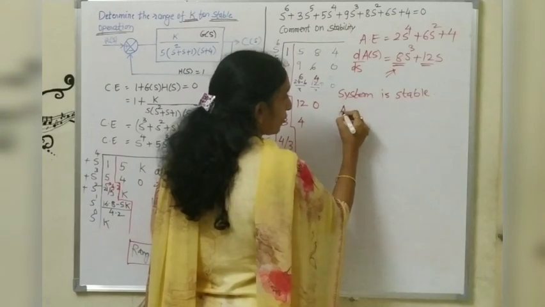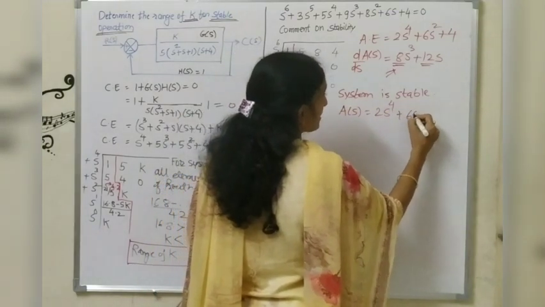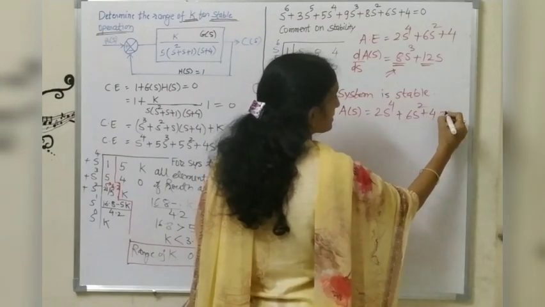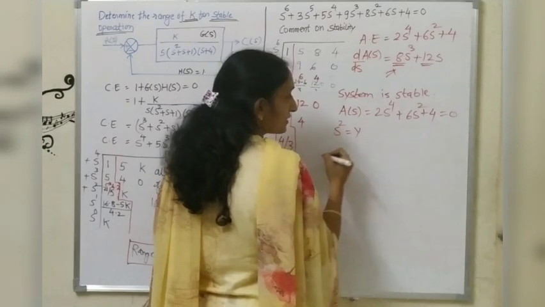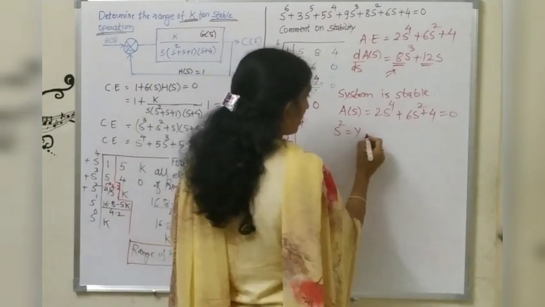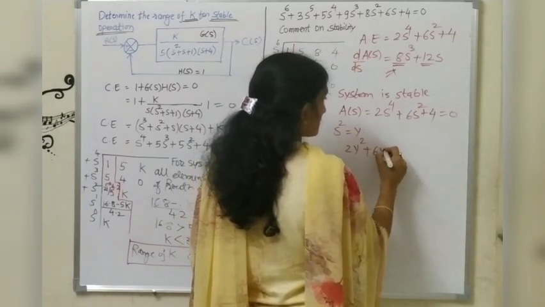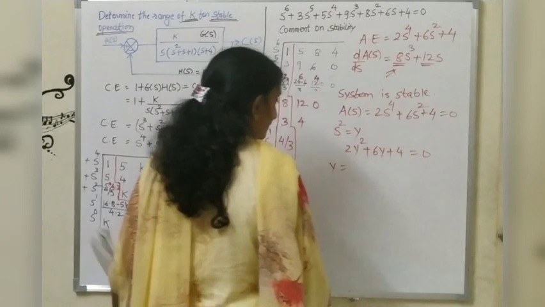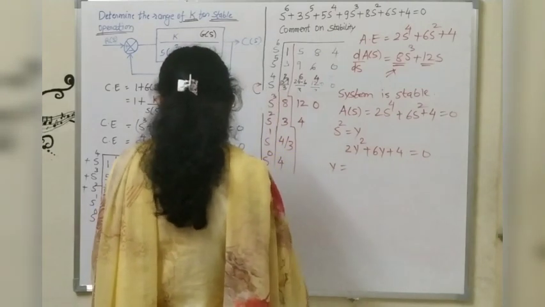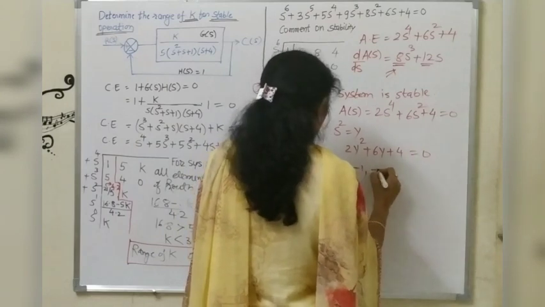Look at this here, auxiliary equation A of s, I know that 2s raised to power 4 plus 6s square plus 4 is equal to 0. So we have already solved like that. s square I will consider as y. Okay, so what I will do, I will write 2y square plus 6y plus 4. Okay, so I need to find the value of y here. Okay, so I have the answer that I am writing here. So I am getting y as minus 1, minus 2.